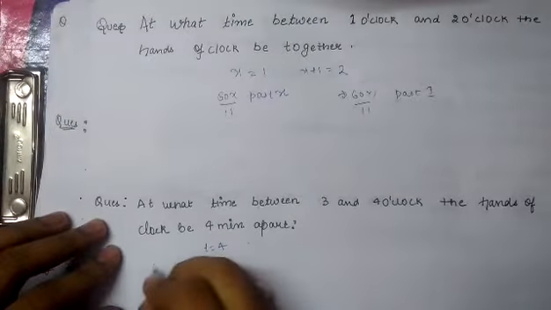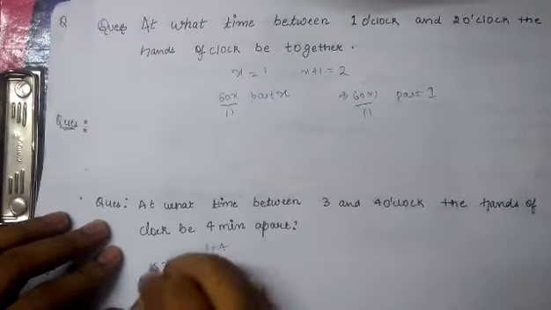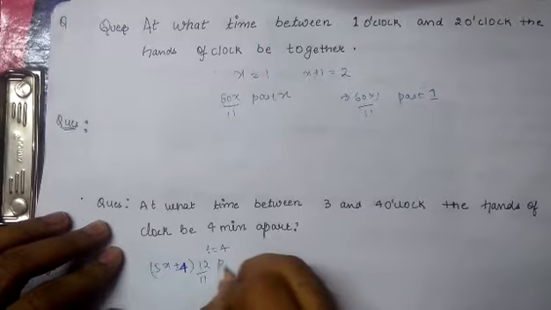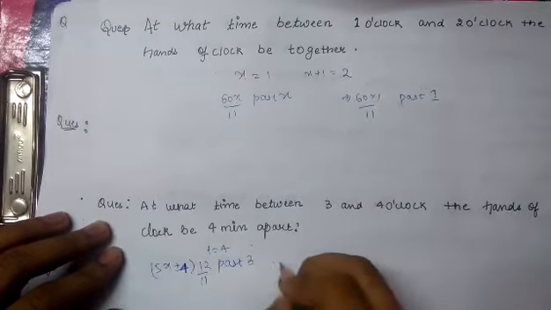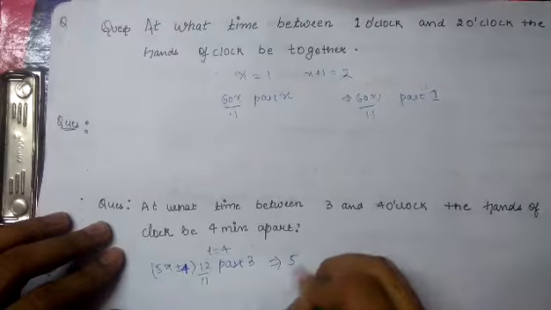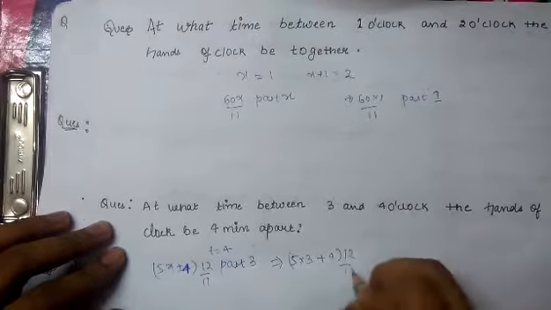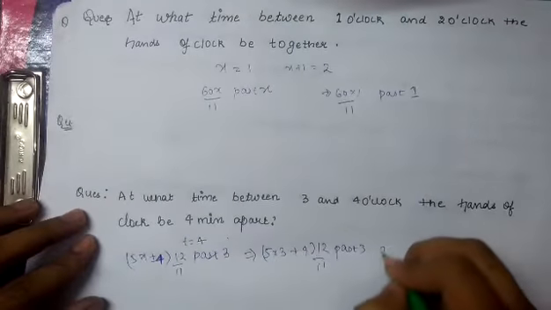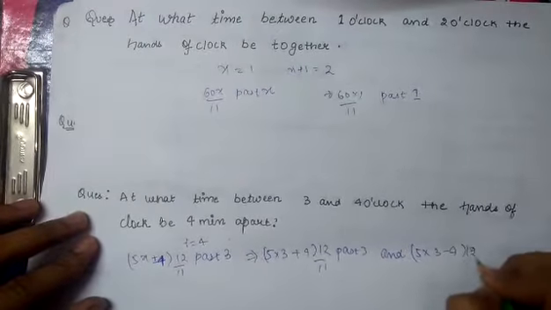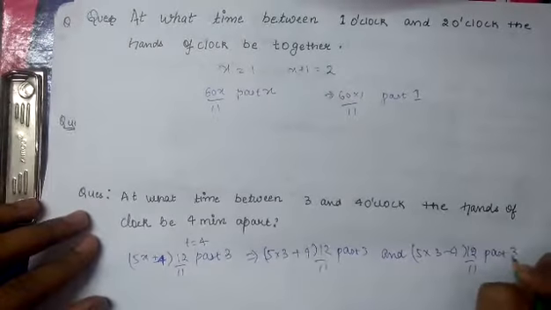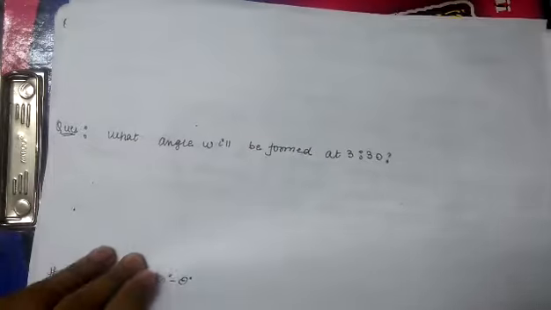Here t is 4, so it is (5 into 3 plus 4) times 12 by 11 past 3, and (5 into 3 minus 4) times 12 by 11 past 3. By this we can solve this question. You can do the further calculations.